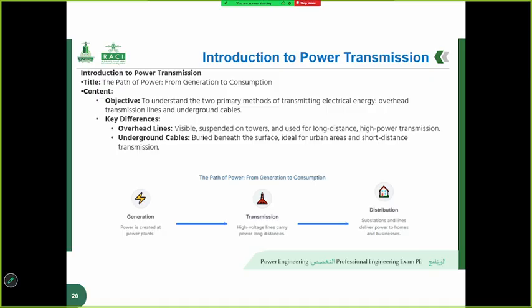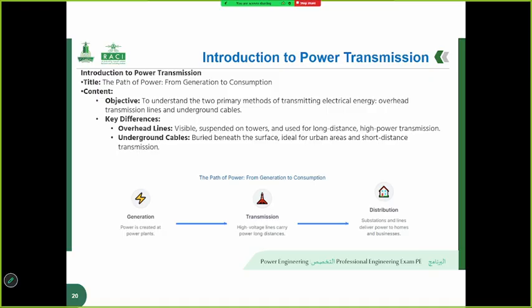The power system is often referred to as a grid because it is an interconnected network. At the core of this network are the transmission systems that act as the vital links carrying electricity over vast distances.